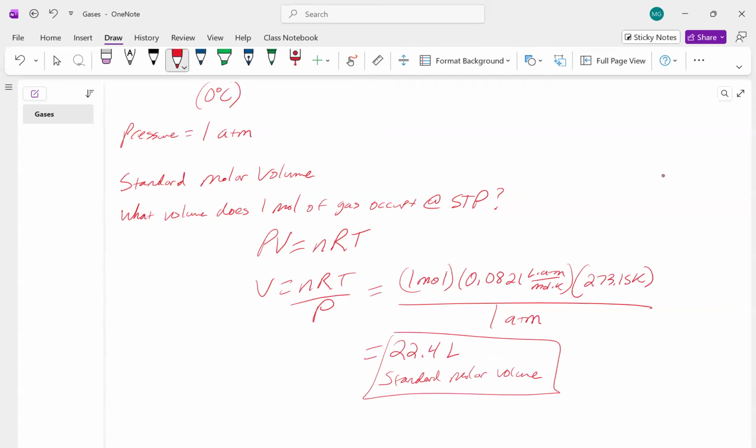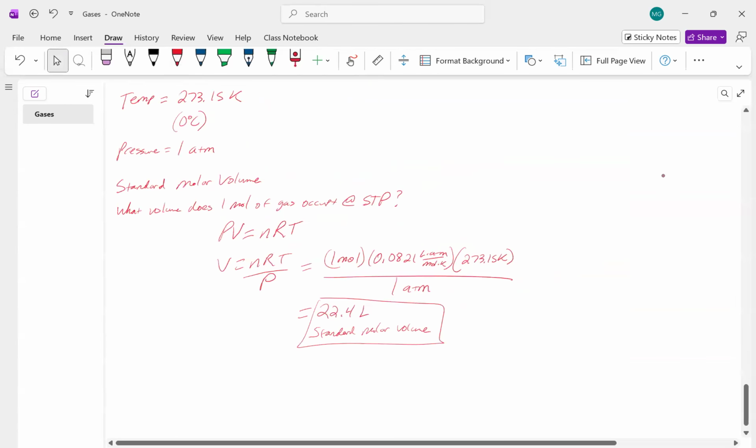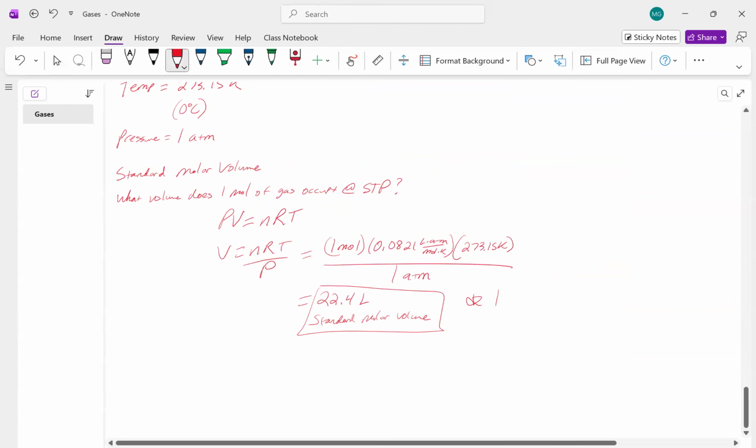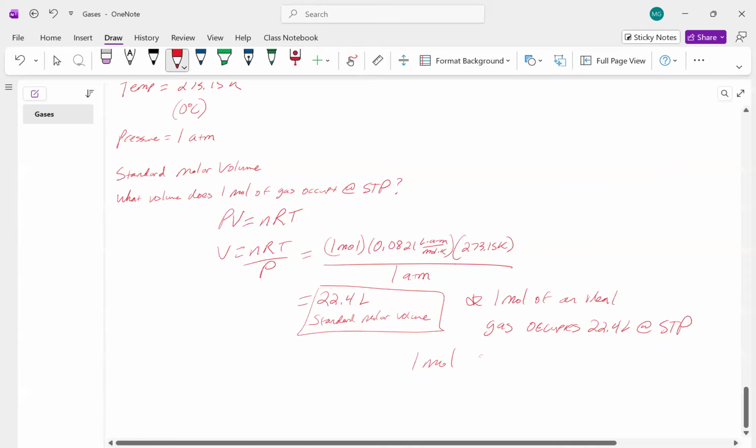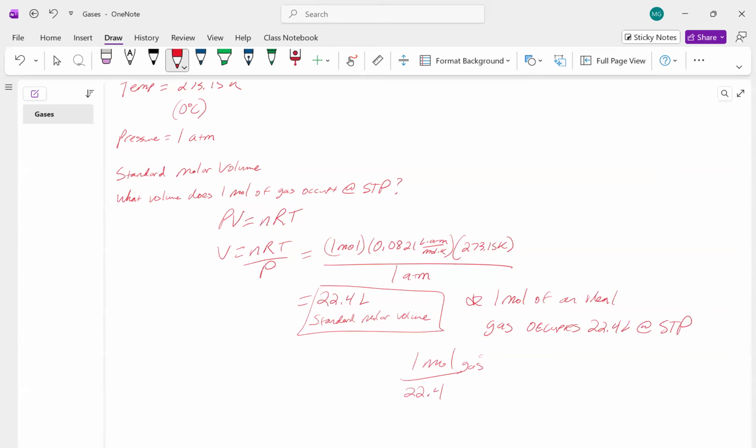This is a very important number because it basically says that 1 mole of an ideal gas occupies 22.4 liters at STP. Kind of think of this like a conversion factor. 1 mole of gas occupies 22.4 liters.